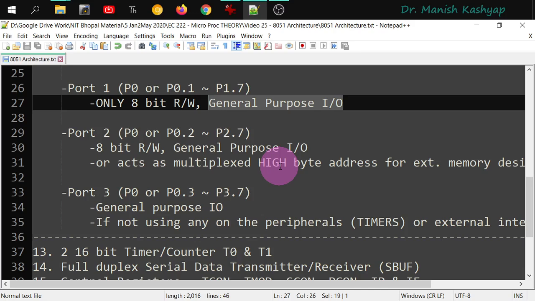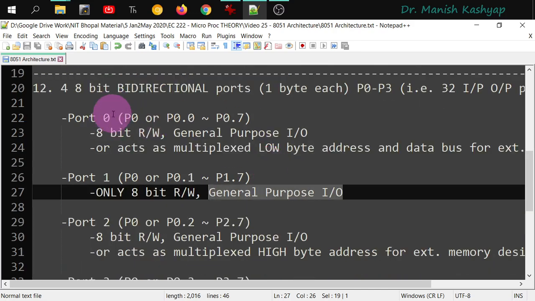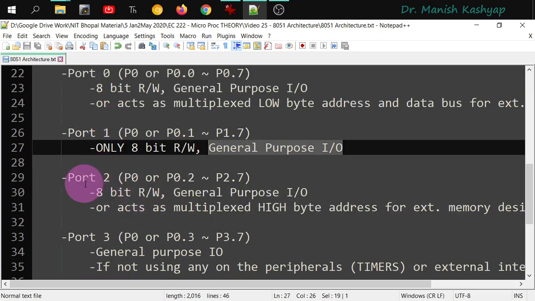Those 8 bits have been covered in port 0. For the address bus, the lower byte and the higher byte will be present. The lower byte is with port 0, and the higher byte will be with port 2. This is used when external memory is to be used, right?